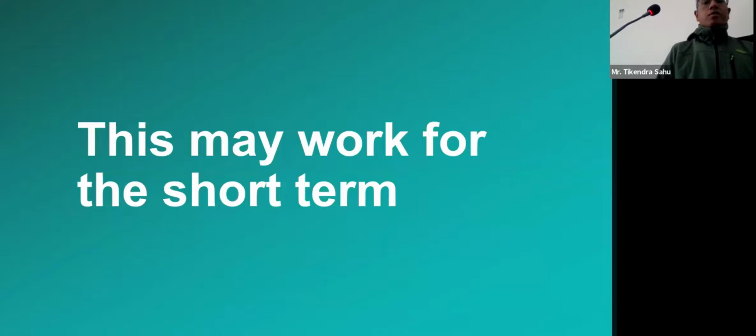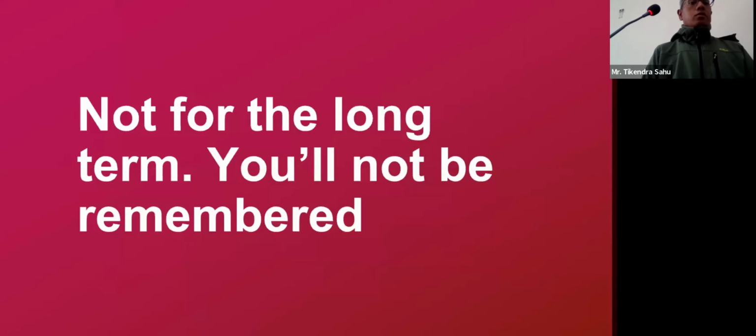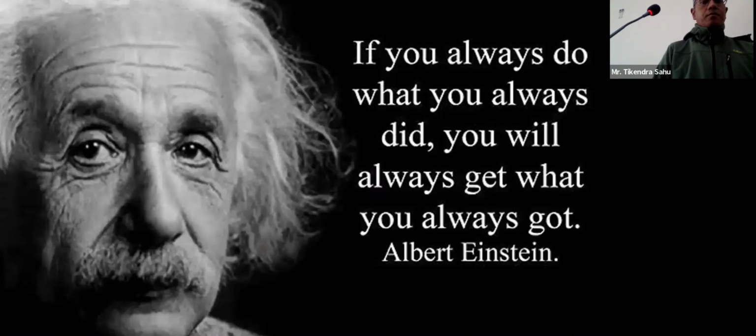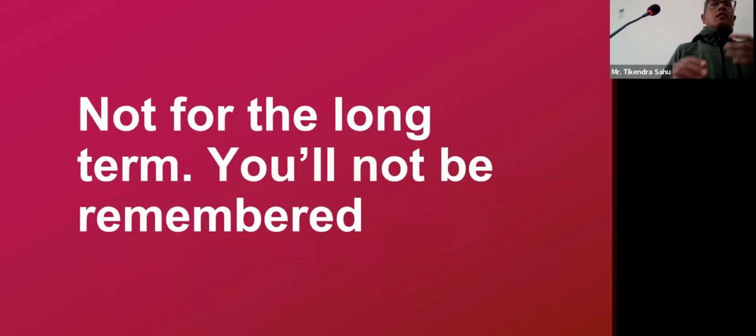This may work for the short term, not for the long term. You will not be remembered. And then the limbic brain comes back, for emotions, irrational feelings, the feelings you have. If brands can touch that, it will be fitted for the long term.